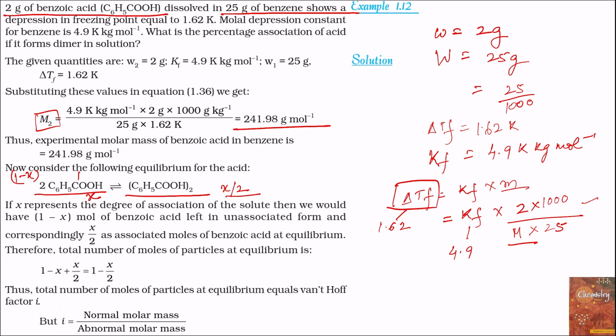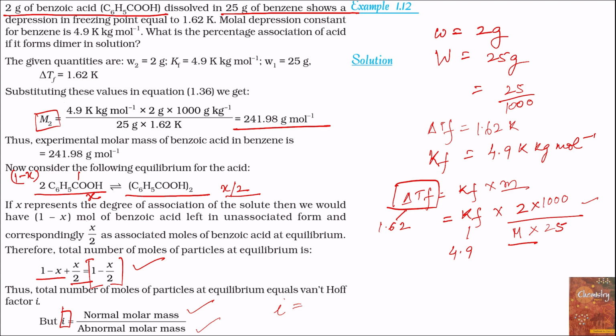So total number of particles present at equilibrium will be remaining benzoic acid plus the dimer. So 1 minus x plus x by 2, this is equal to 1 minus x by 2. This is the total number of particles at equilibrium. Now value of i is normal molar mass divided by abnormal molar mass, and value of i is also equal to number of particles after dissociation or association.